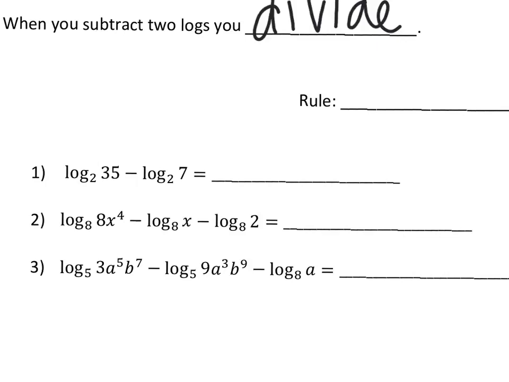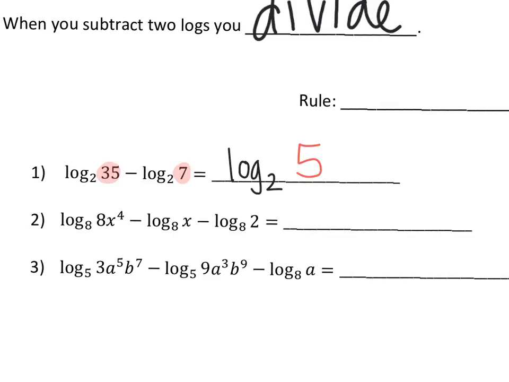All right, so I have the log base 2 of 35 minus the log base 2 of 7. So what can I do with 35 and 7 here? Divide. And what's 35 divided by 7? 5. Yes, so this would be the log base 2 of 5. That'd be your answer.